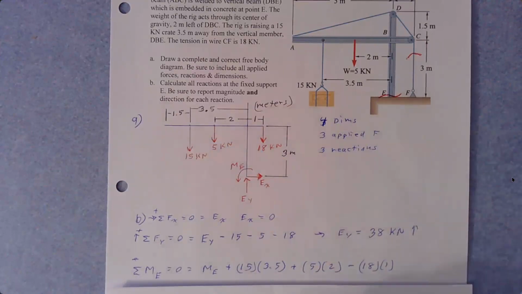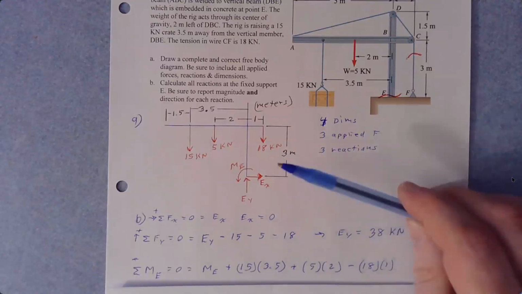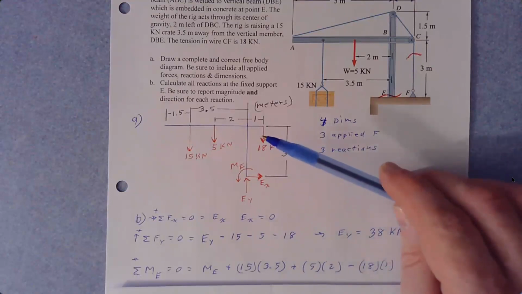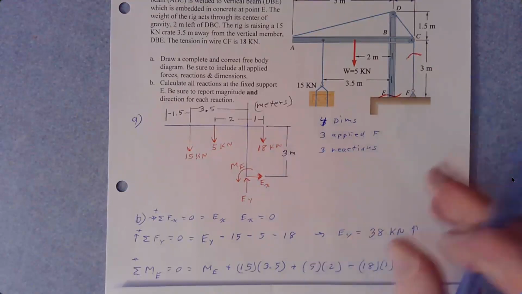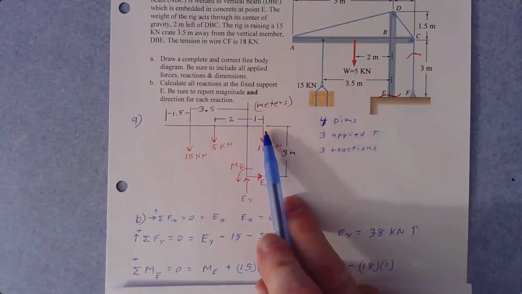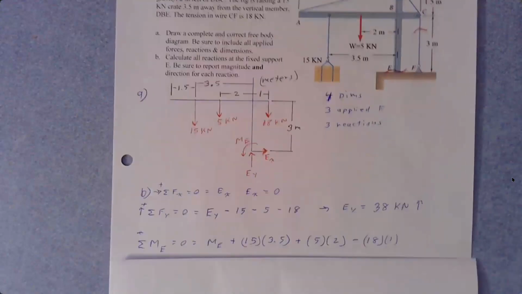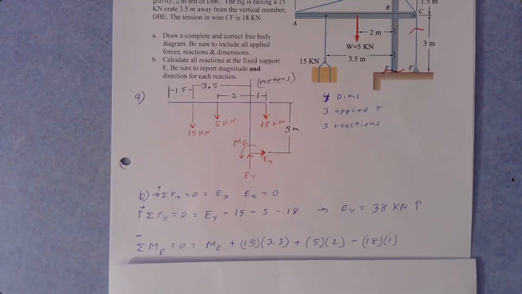In fact, for practice, you should sit down, write this out after you go through this and figure out, all right, how do I get the answer using the sum of the moments about point B? How do I get the answer using the sum of the moments about point C, right? Any point you take the moments about, the forces acting at that point are eliminated because they're essentially at 0 distance, right?